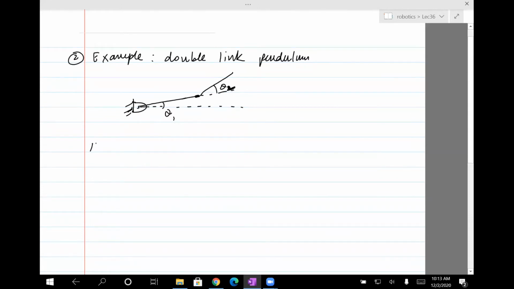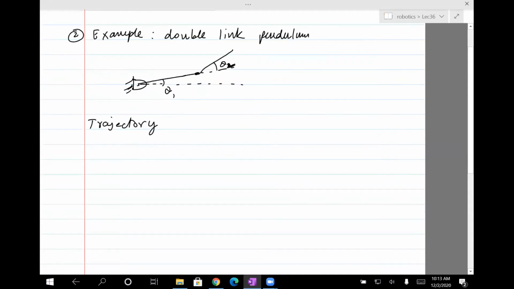The problem which we're trying to solve is to generate a sort of kicking motion for the two link pendulum, which means that we want the pendulum to start in this position.